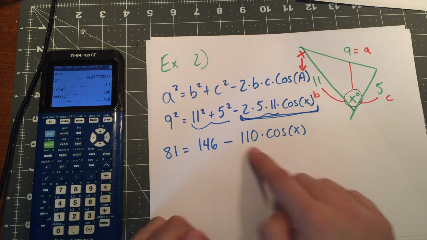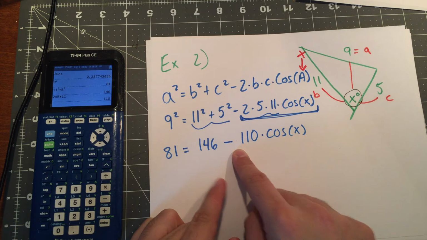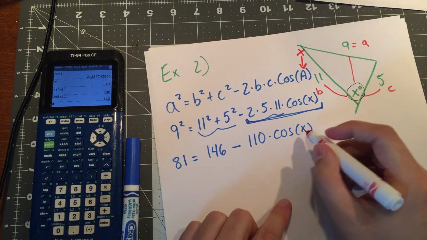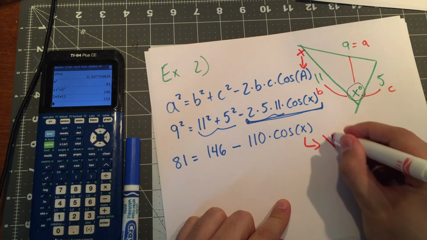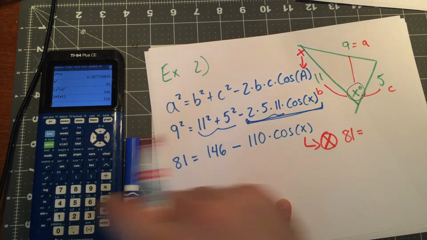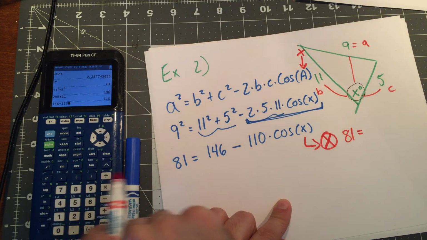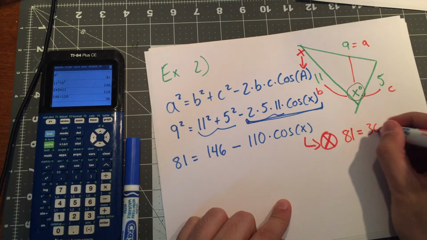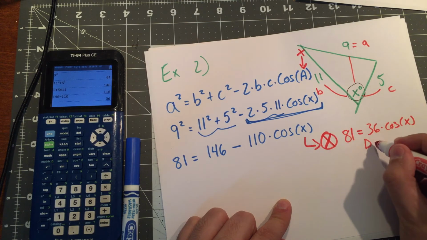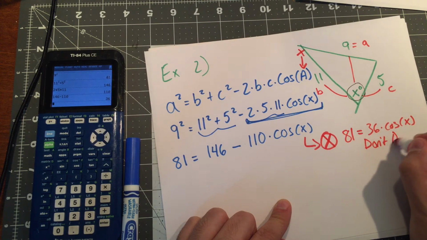Now, this does not become, I'll do it in red, that's like the classic prohibitive color. It does not become 81 equals 36 cosine x. I'm not going to subtract them. Don't do this.